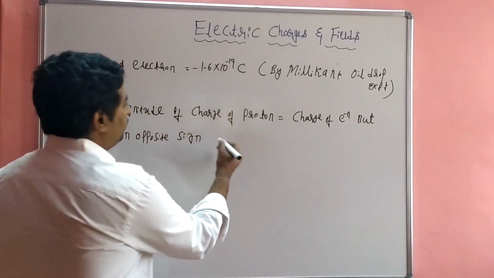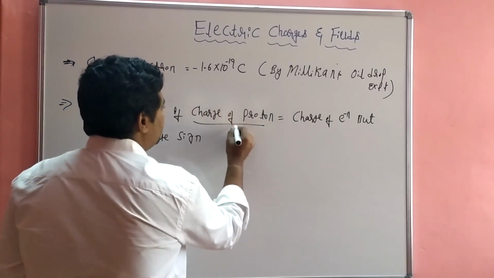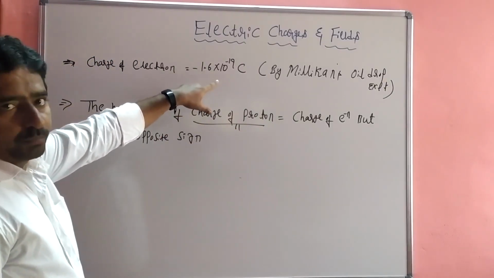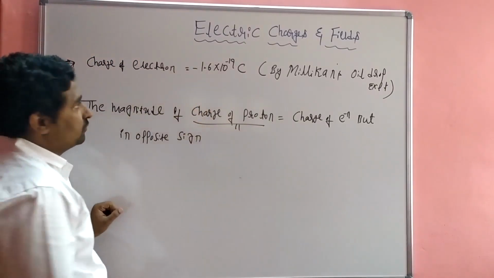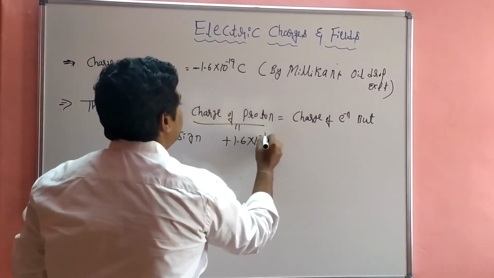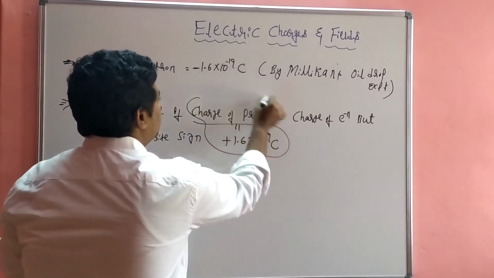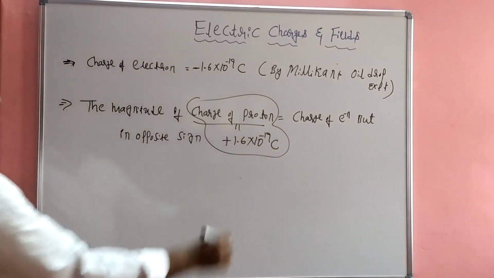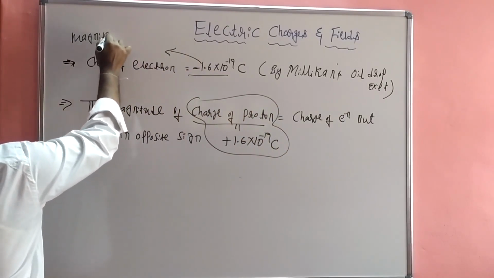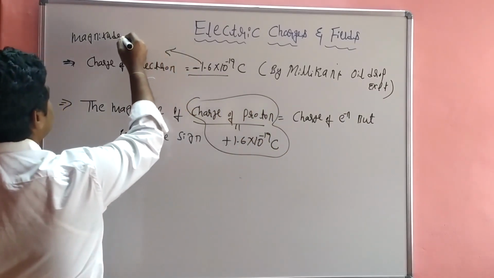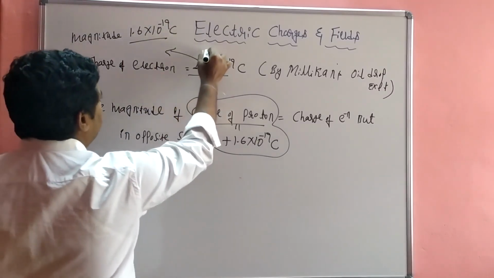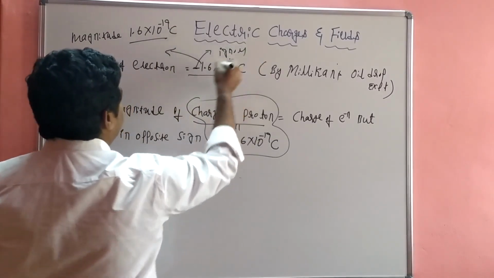So the charge of electron is minus 1.6 into 10 to the power of minus 19, but in opposite sign, so it is plus 1.6 into 10 to the power of minus 19. That is called the charge of proton. This is also in case of magnitude. So this will be considered as 1.6 into 10 to the power of minus 19. So ignore the sign, that means sign is ignored.